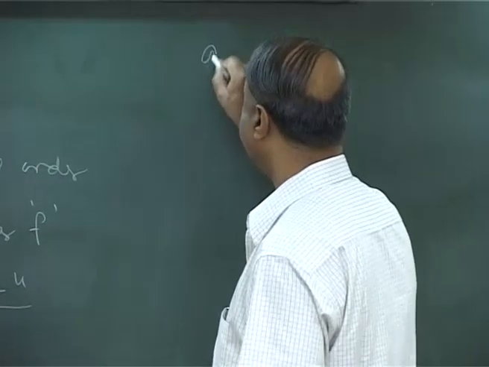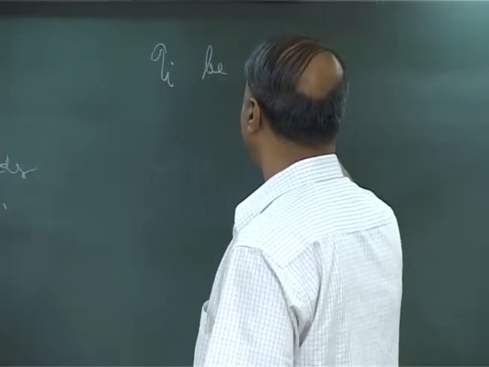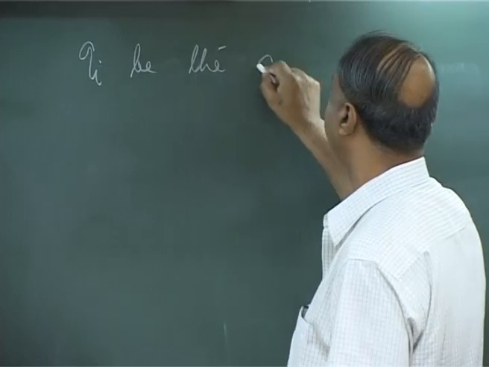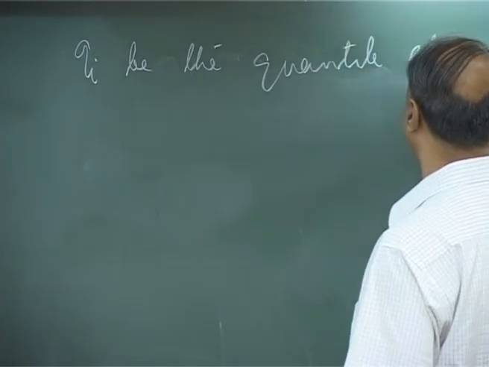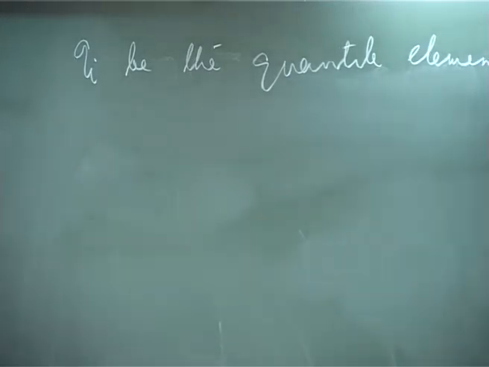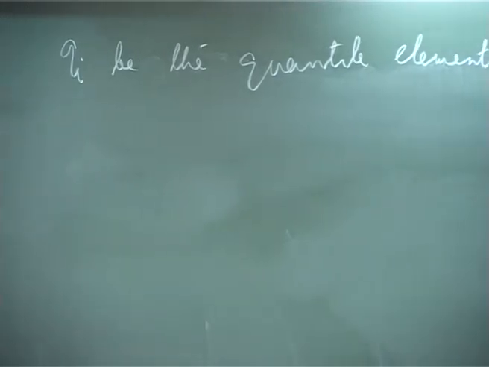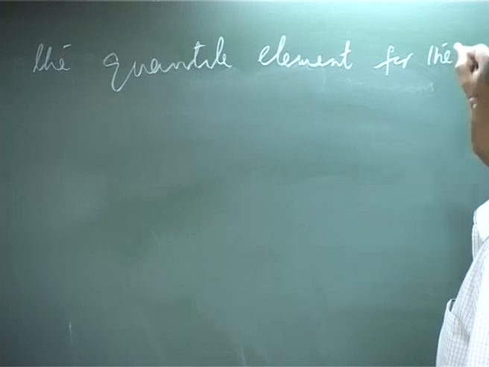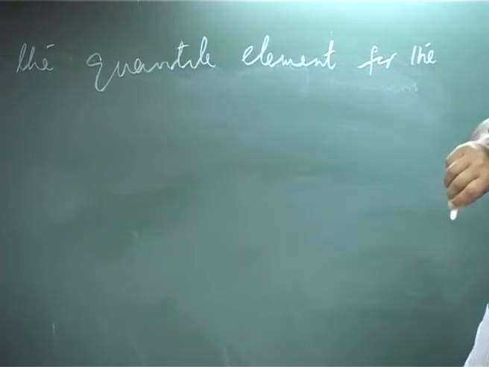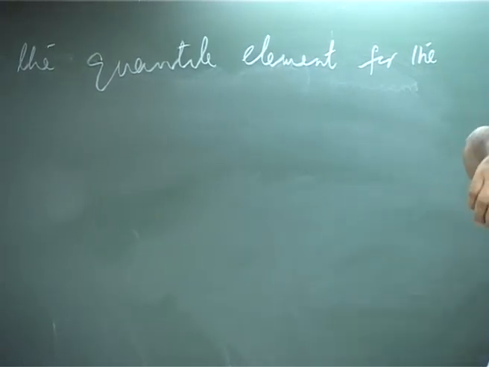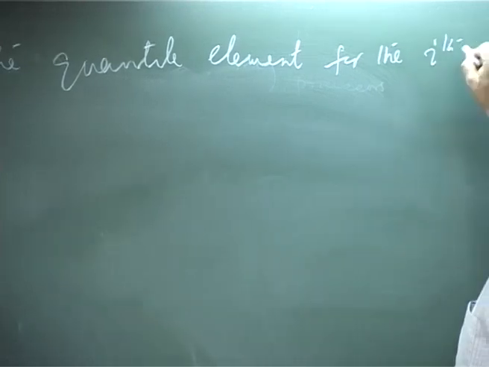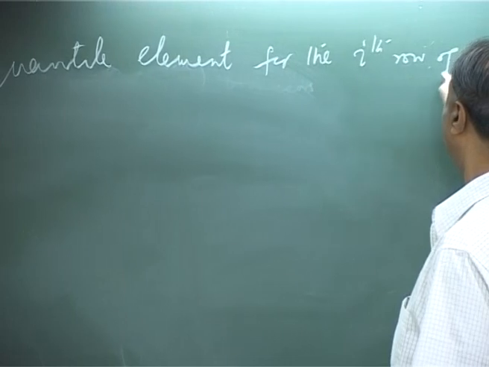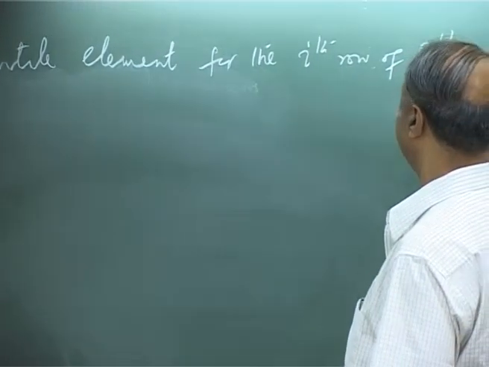Now let Qi be the quantile element for the ith row of the matrix.